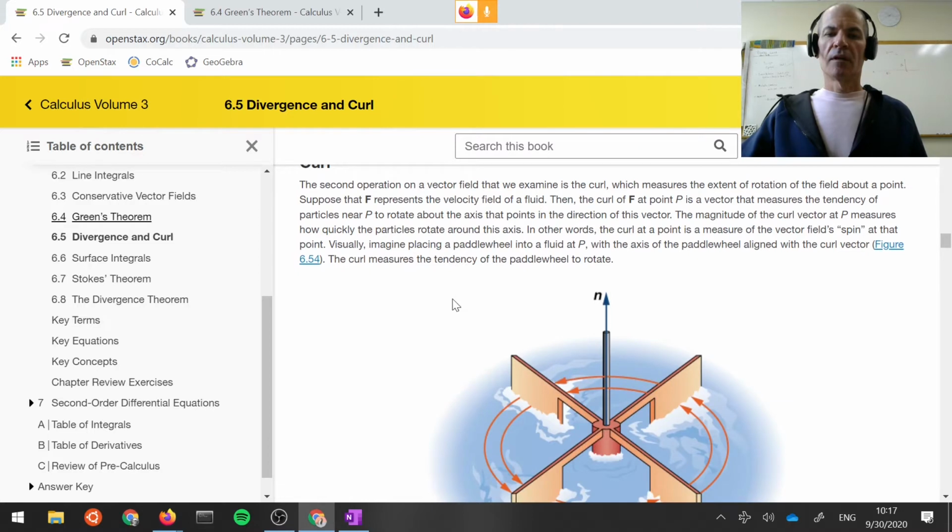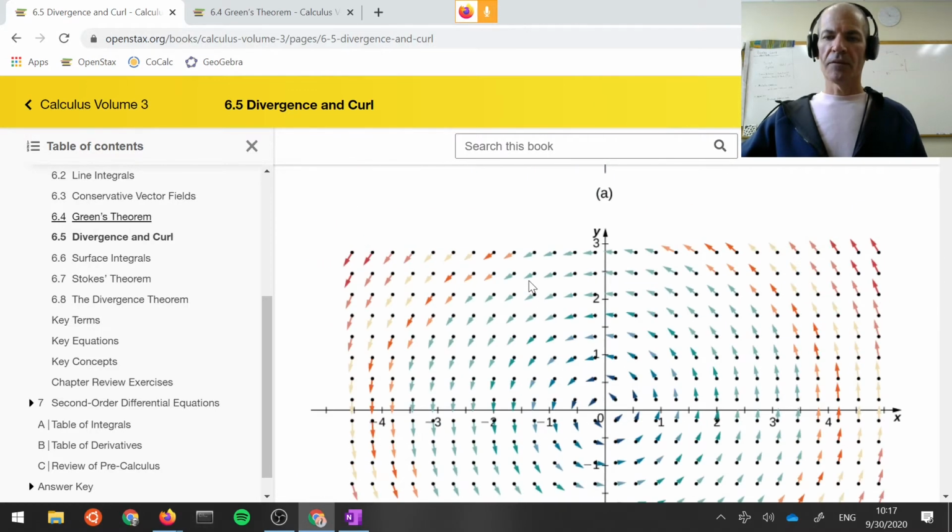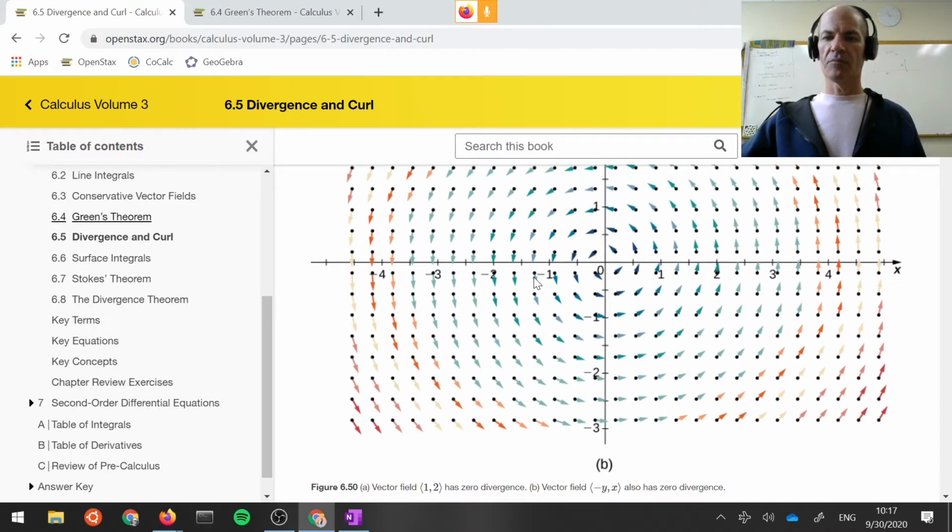The curl. So what the curl measures is how much at a particular point the field is rotating. Another way to think about it is if we go up to this field here and we put our mouse right here and we plant a little ball in the fluid at that point.